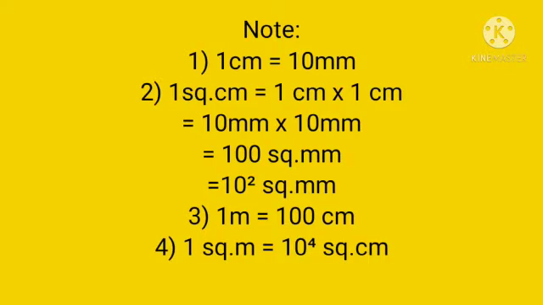Therefore, 1 square centimeter is equal to 100 square millimeter. 100 can be written as 10 raised to 2. Therefore, 1 square centimeter is equal to 10 raised to 2 square millimeter. Similarly, 1 meter is equal to 100 centimeter. Therefore, 1 square meter will be equal to 10 raised to 4 square centimeter.